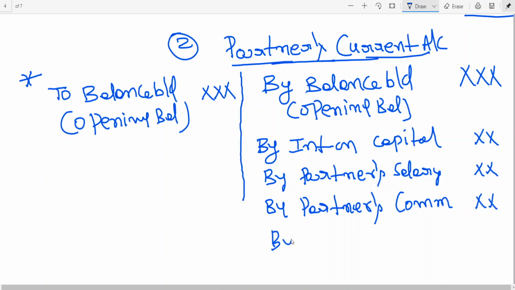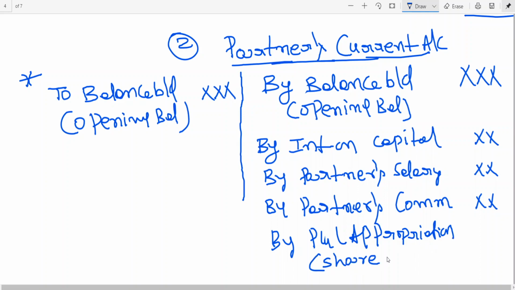Then by P&L appropriation: the equivalent entry, P&L appropriation account debit to partner's capital account, can be transferred to current account if it is fixed capital, by P&L appropriation, share of profit.